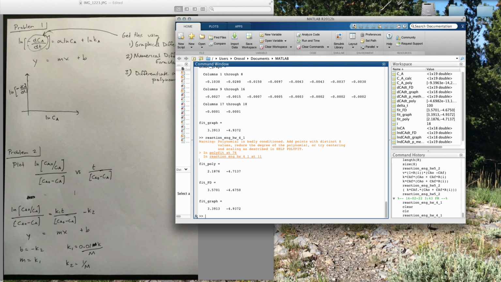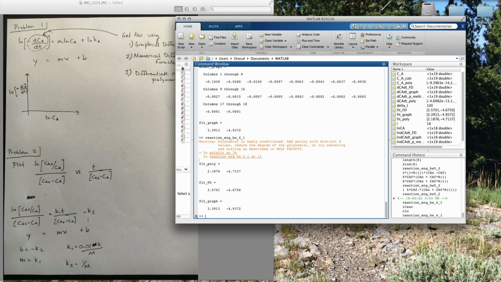guess the order of your rate if you don't know it. I don't actually think I would want to use this method if I didn't know what the rate was. In this case, we were given the rate law, so we were able to just put the rate law into the equation for the batch reactor and integrate it, and then we were able to get this.